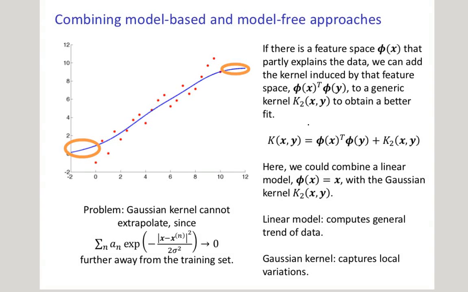Here, that k sub 2 could just be a linear model. The linear model then computes the general trend of the data, but the Gaussian kernel helps capture the local variations that might occur. So if we were to combine this with a linear model, it would help us to extrapolate better on the ends where we don't have data points.